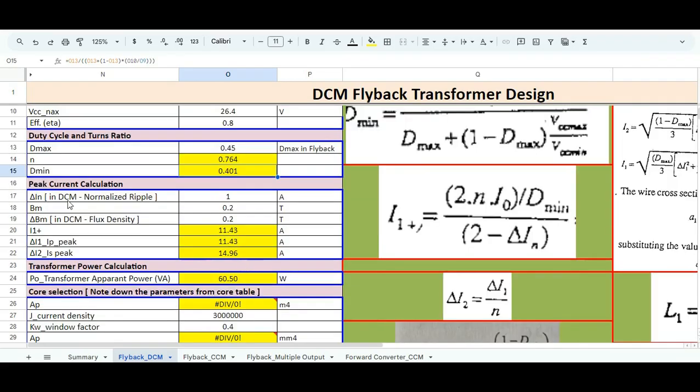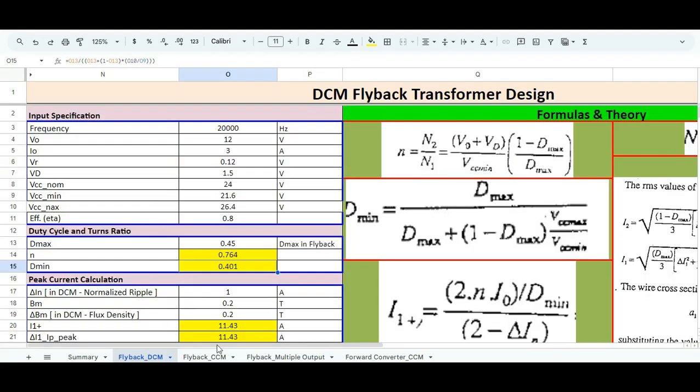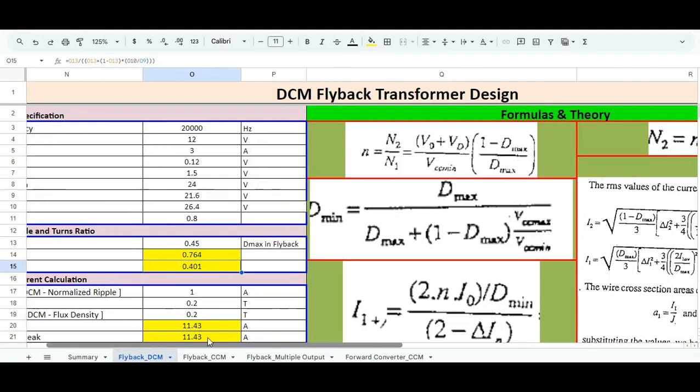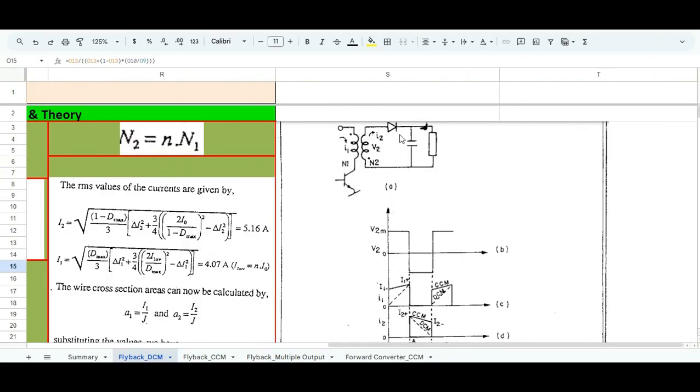Now let us understand the peak current calculation for your transformer. Since I am designing the flyback transformer in DCM mode, you need to understand some fundamentals. What is the DCM mode? If I go here, this is the basic block of the flyback converter, wherein you have the primary side and the switch here.